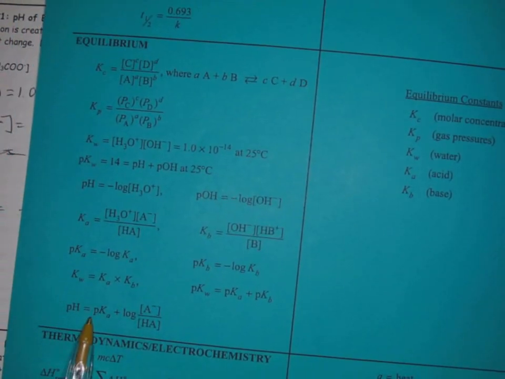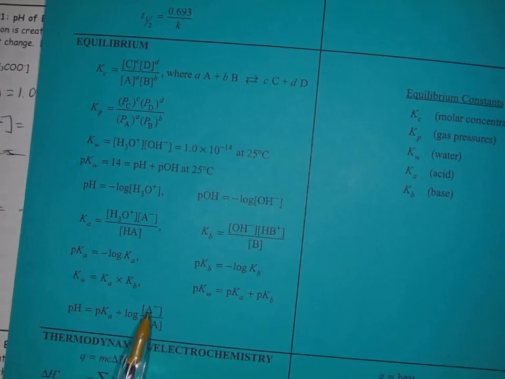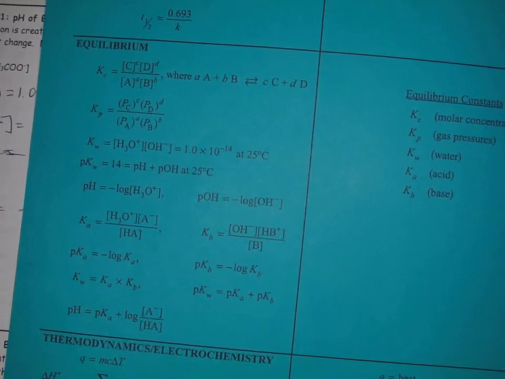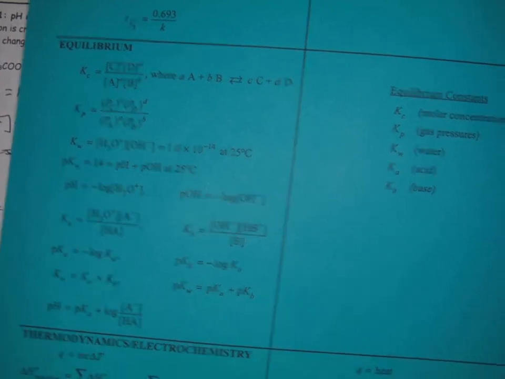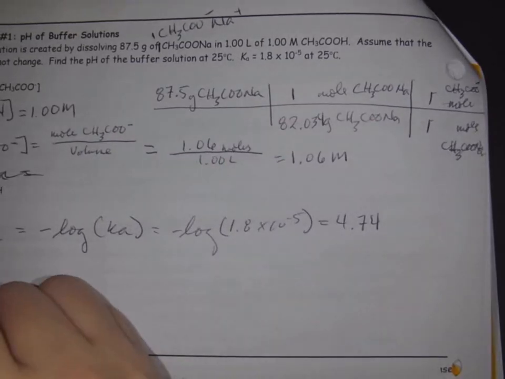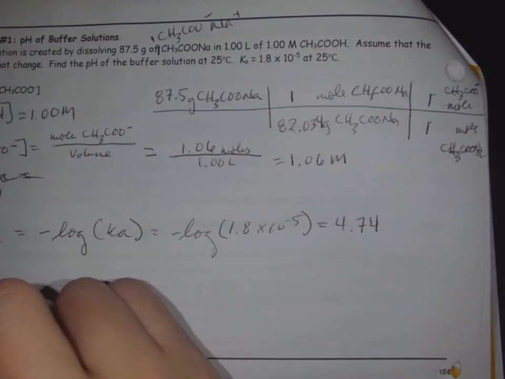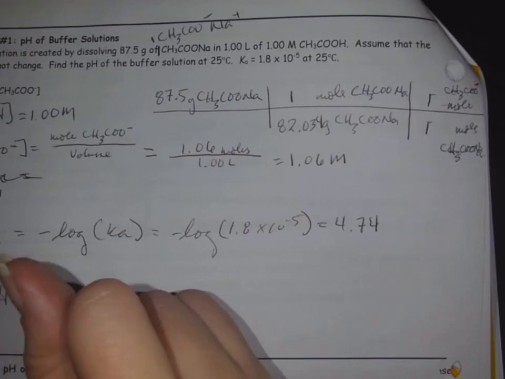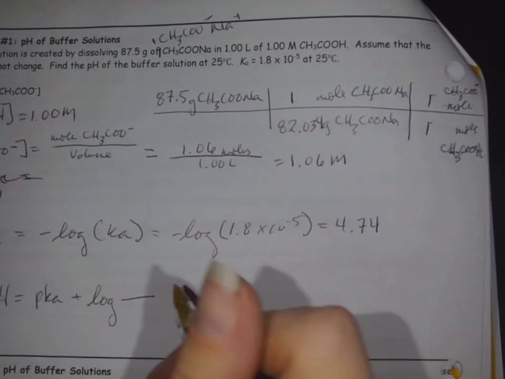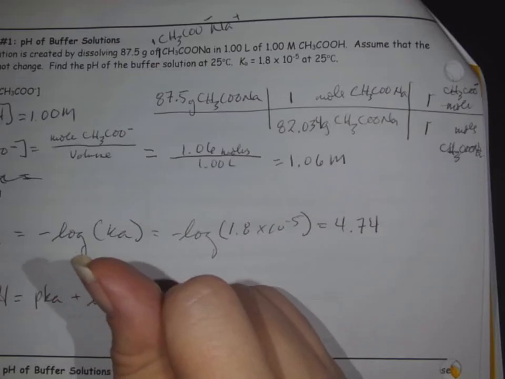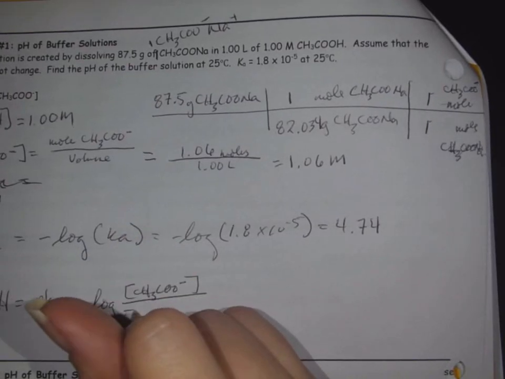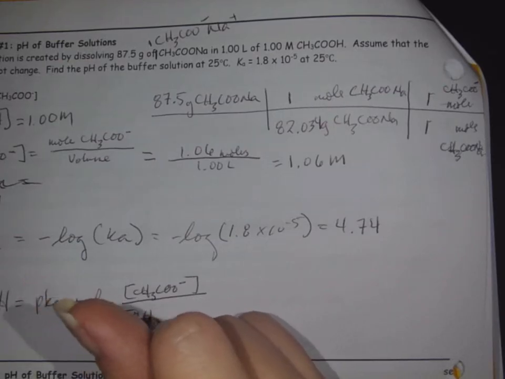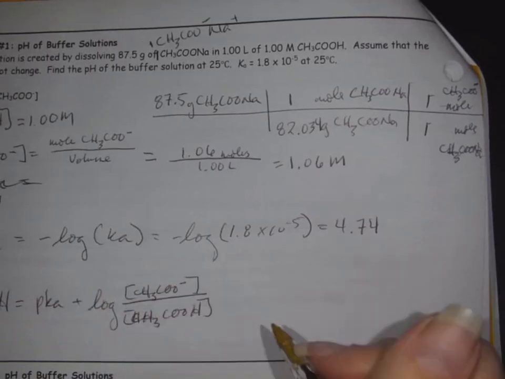And so to solve for the pH, I'm going to take the pKa and add it to the log of the concentration of the conjugate base over the concentration of the acid. So my final answer, pH, is equal to pKa plus the log of the concentration of CH3COO minus over the concentration of CH3COOH.